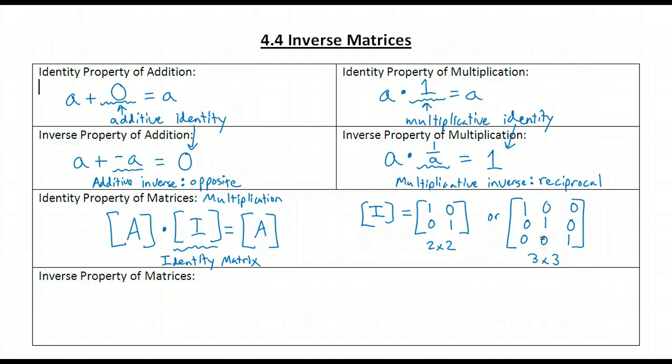I can keep going to make any sized matrix, as long as I have 1s across the diagonal and 0s every place else. So the identity matrix is a matrix where the major diagonal is filled with 1s and I have 0s every place else.